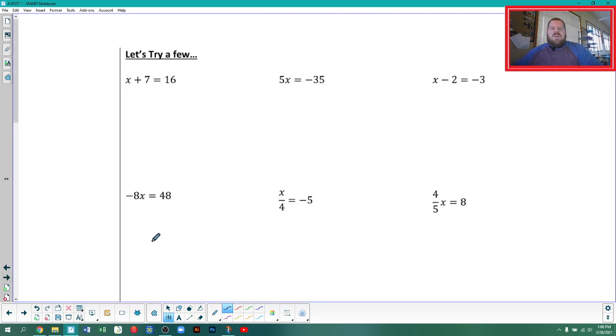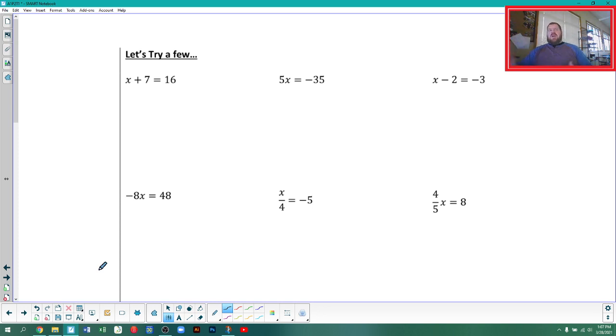So let's try a few. Again, I'm focusing on the inverse operations and trying to undo whatever is happening to x. The first one is x plus 7 is equal to 16. There are multiple ways of figuring out what x equals.